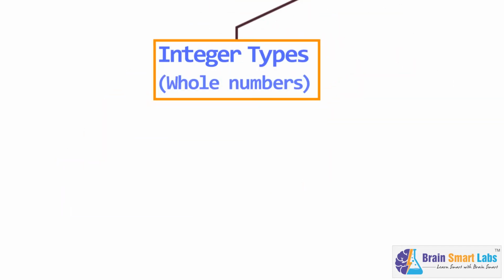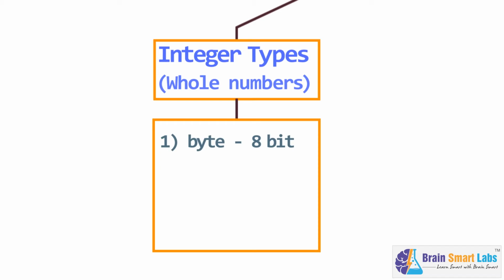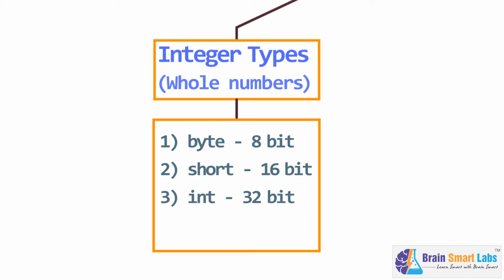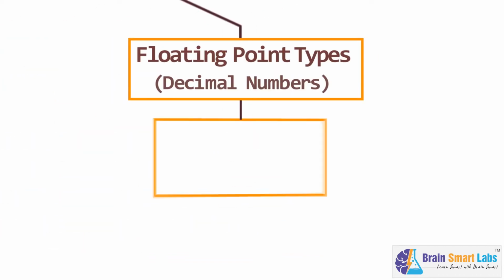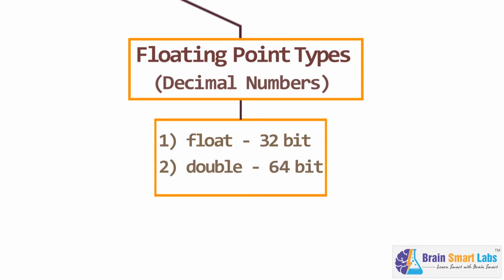The data types that fall under whole number category are byte of size 8-bit, short of size 16-bit, int of size 32-bit, and long which is of size 64-bit. The data types that fall under decimal point category are float of size 32-bit and double of size 64-bit.